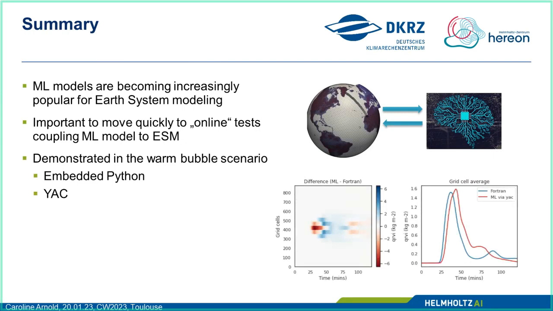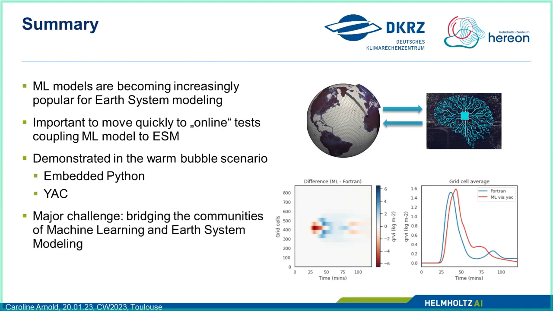And we've demonstrated this now in the warm bubble scenario, that you can integrate the machine learning model using both embedded Python and YAC. And I should also point out that one major challenge here is bridging the communities of machine learning and Earth system modeling, because it's hard to find people who speak, so to say, both languages and who get the mindset of the other community.